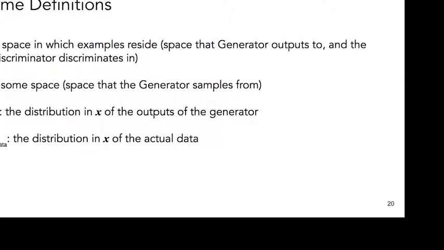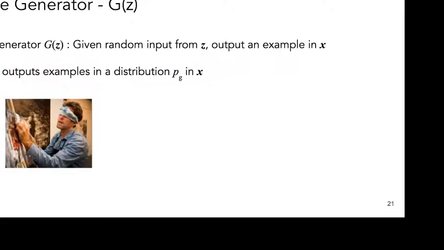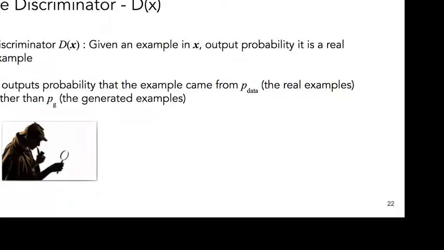Okay, great. So we have the generator. As I've been saying, given a random input from Z, it outputs an example in X. And G outputs examples in the distribution PG in X. Okay? And so remember, G(Z) is our art forger. And then the discriminator, given an example in X, outputs a probability that it is a real example.